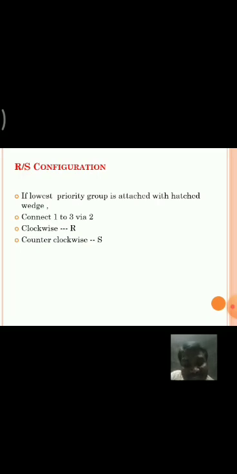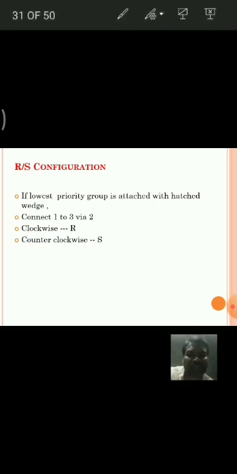If it indicates clockwise direction, then it will be assigned R configuration. If from 1 to 3 it shows counterclockwise or anti-clockwise direction, it is configured as S molecule. By observing the examples, we can easily understand this R and S configuration.